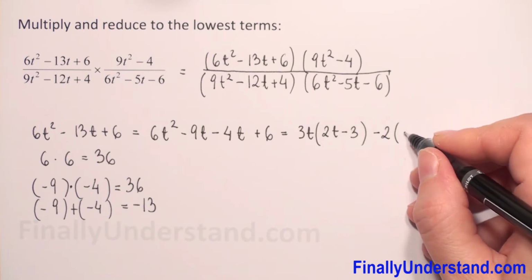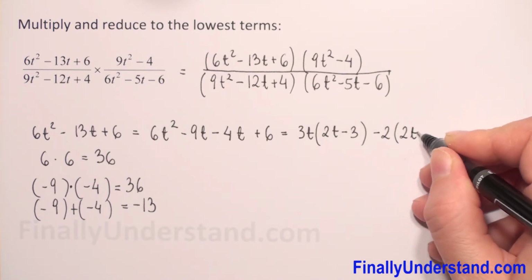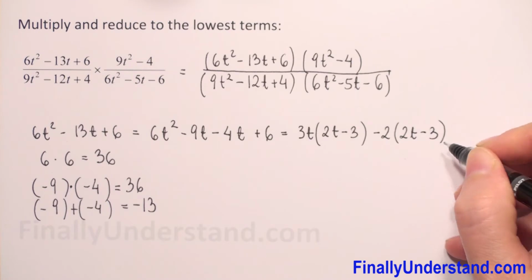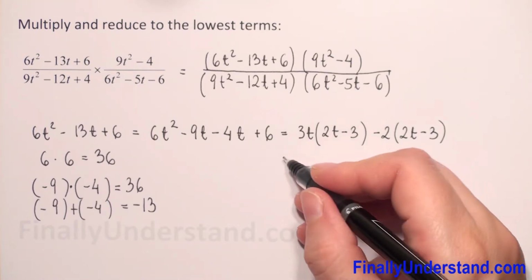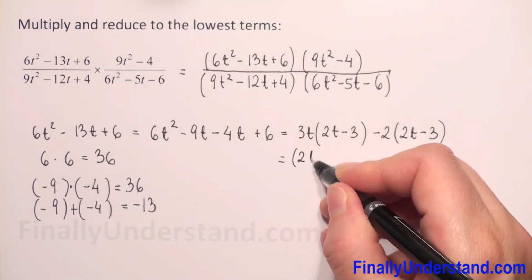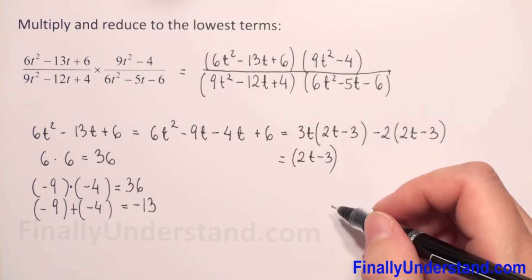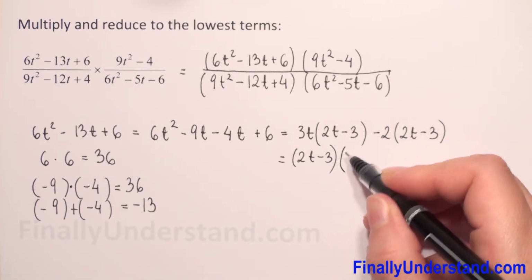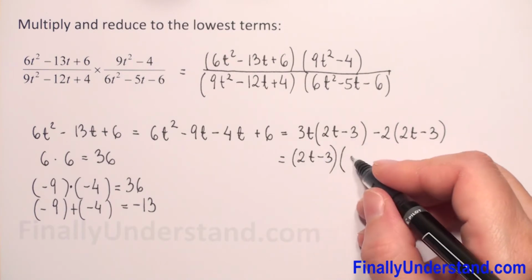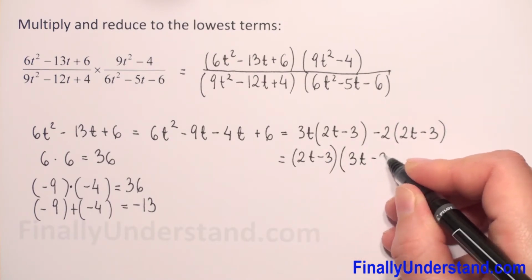So in parentheses we will have 2t minus 3. So now we can factorize 2t minus 3. We have it in these two expressions, and in parentheses whatever is left we have 3t minus 2.